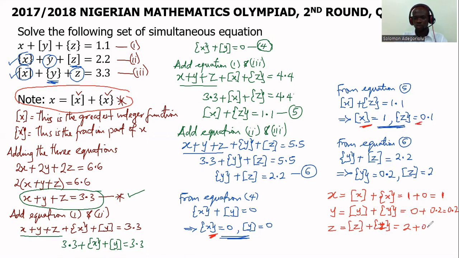If we add these two together, we get 2.1. So in summary, x is equal to 1, y is equal to 0.2 and z is equal to 2.1. So these are the values of x, y, and z based on this question.